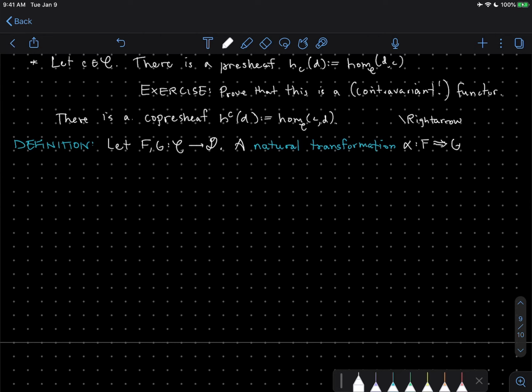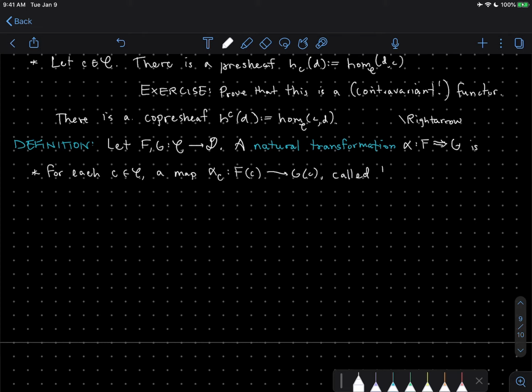So a natural transformation is some data. What are those data? Well, for each little c in C, a map alpha sub little c from f of little c to g of little c.